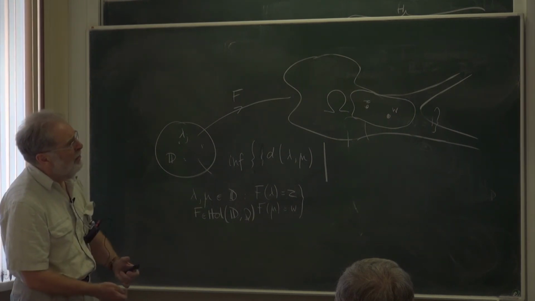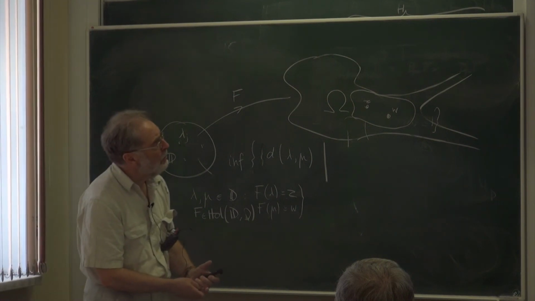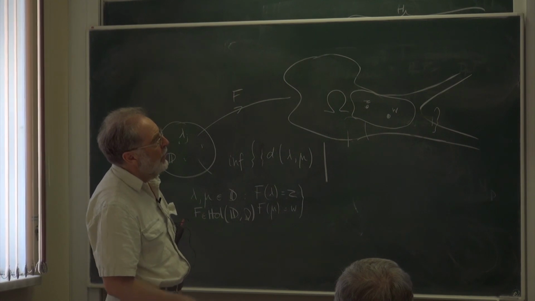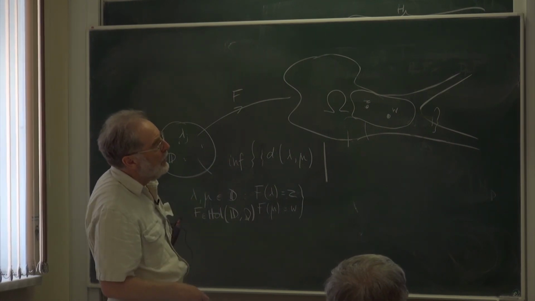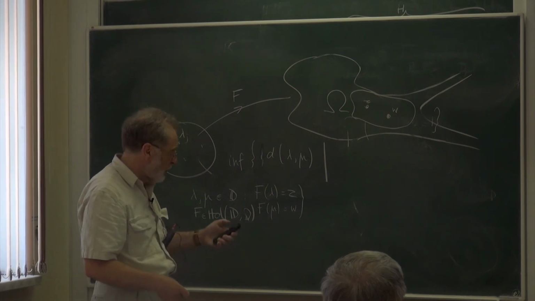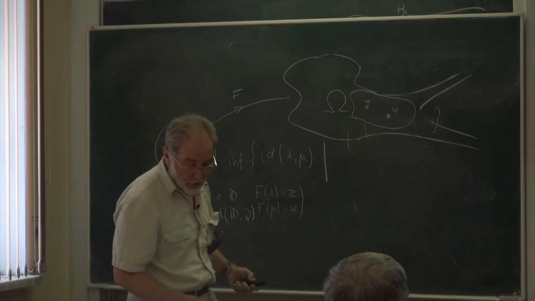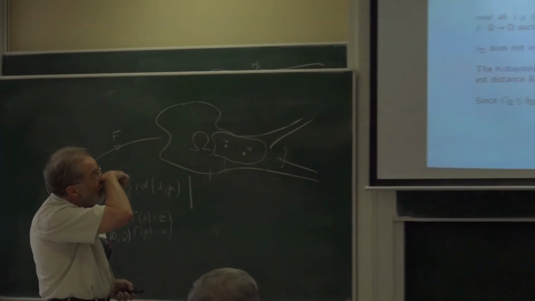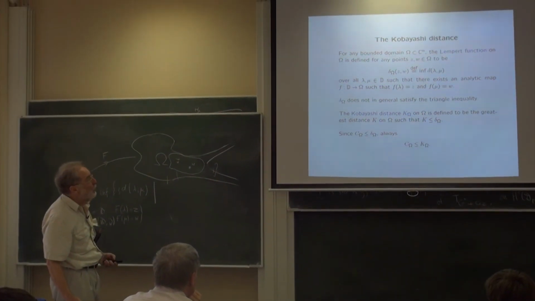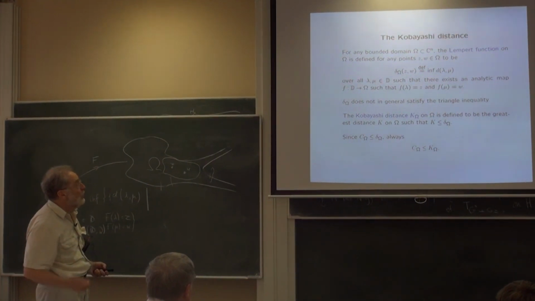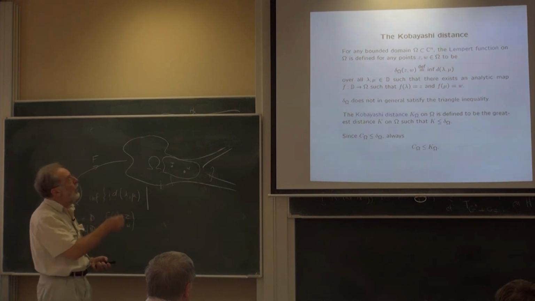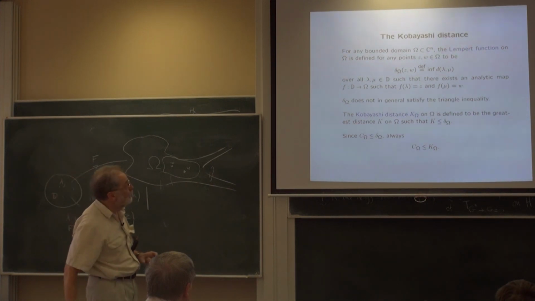And well, that's in fact not a distance. It doesn't satisfy the triangle inequality. But then you do the obvious thing and make a distance out of it, and you get something called the Kobayashi distance, which is the subject of a big thick book by Kobayashi. And there's quite a lot of specialists in several complex variables who work on this kind of thing.